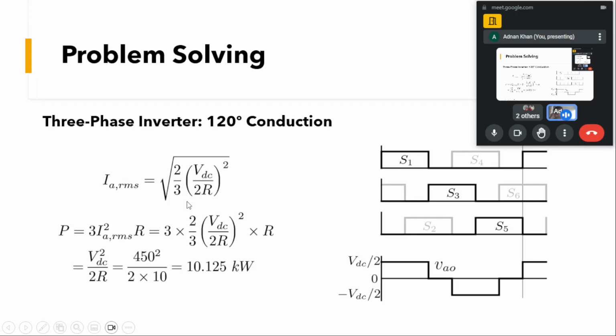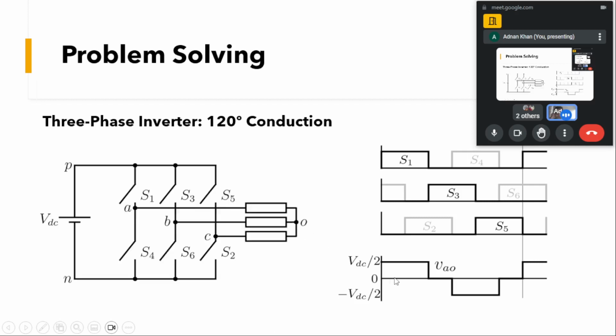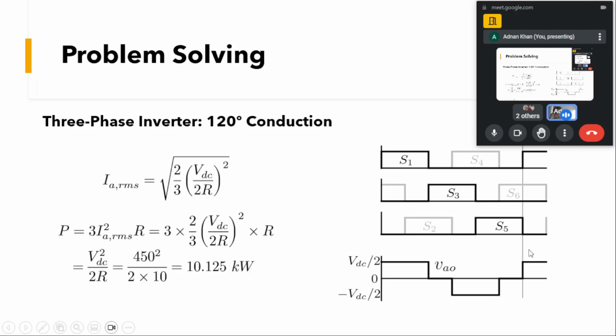You can integrate it, as you calculate the RMS: 1 by pi, square root of the integral of the current in each interval. There is a derivation of that with an equation given, and you can simply use that equation.